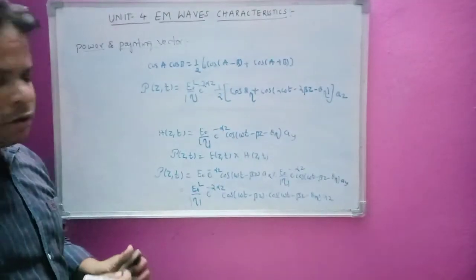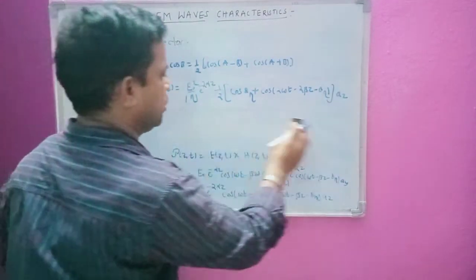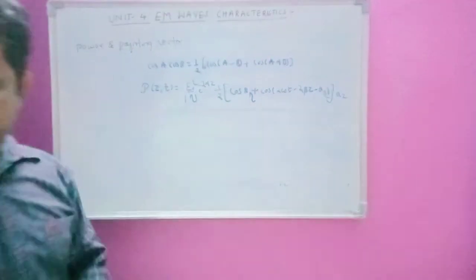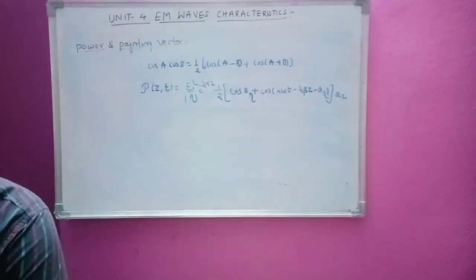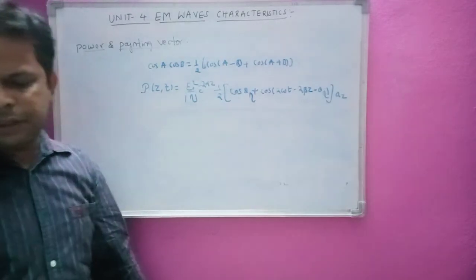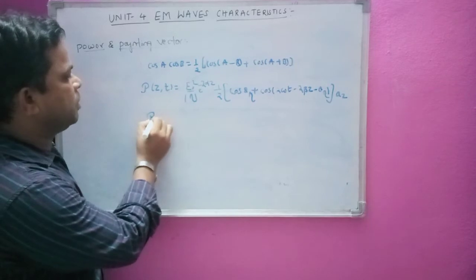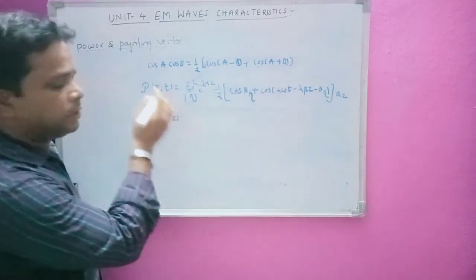Now let us move further. We are going to have another parameter here, that is we can calculate the time average of the Poynting vector, that is P average of z.